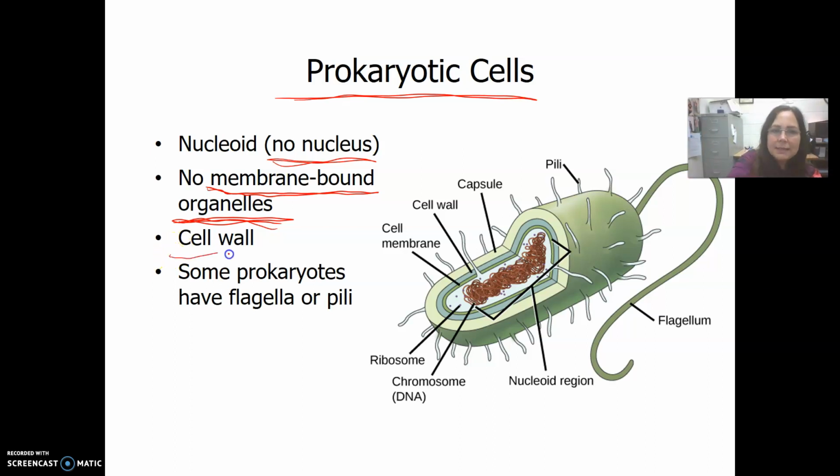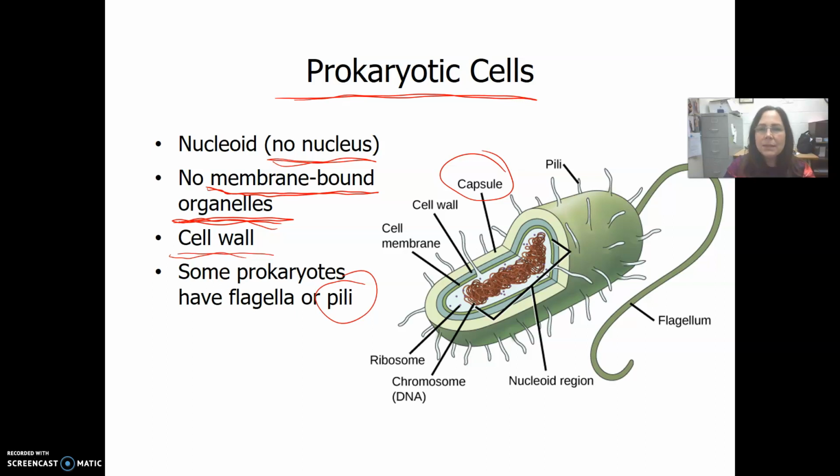Some prokaryotic cells have outside that cell wall a capsule, which can be a solid substance or it can even be like a slime layer. The capsule oftentimes helps the bacteria, the prokaryotic cell, to adhere to a surface, to stick to something, or to stick to other bacteria. Some prokaryotes have pili, which are little hair-like structures that also help the cell to stick to a surface or to other bacterial cells.